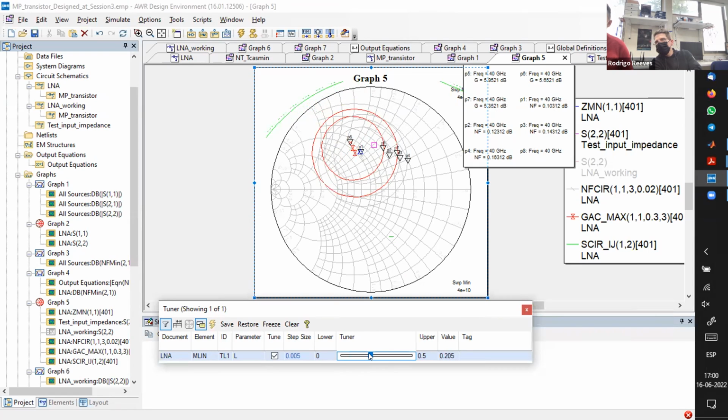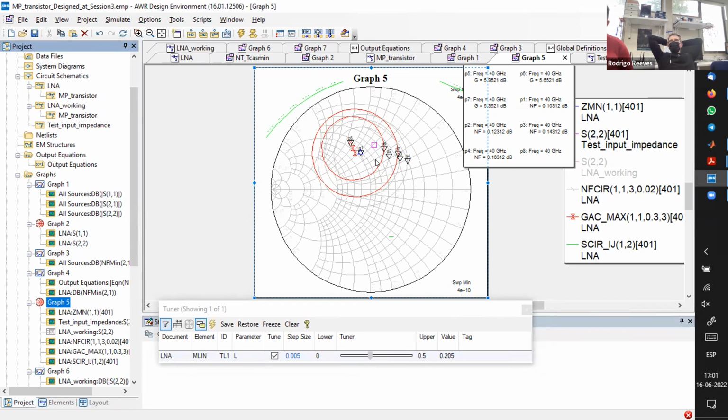Is the S opt, and where is the S opt? No, it's not here, but we can plot it also. It should be inside the noise circles. You mean the sigma opt, the minimum noise measure.